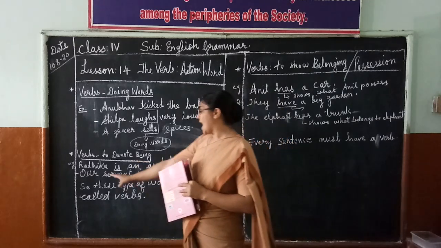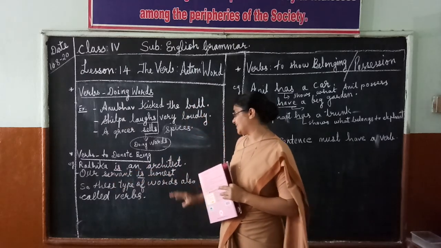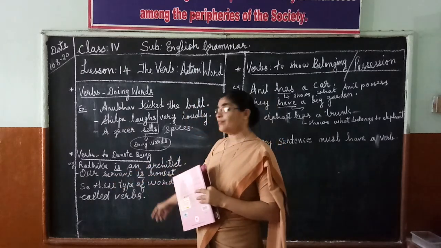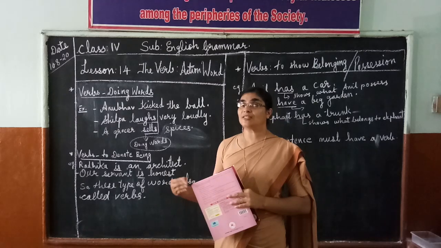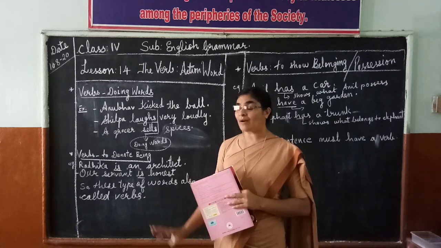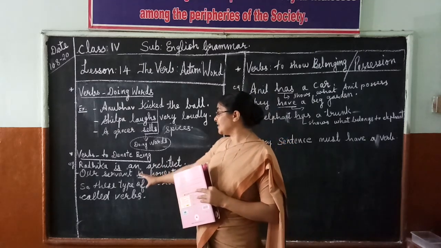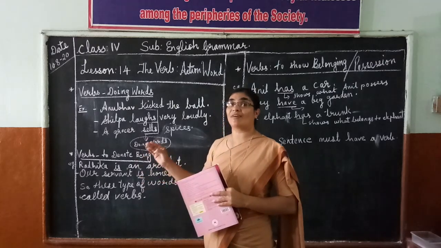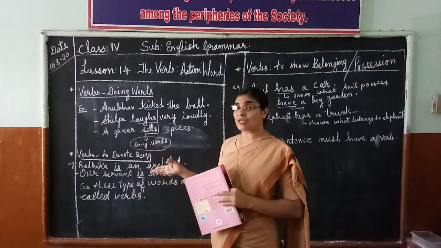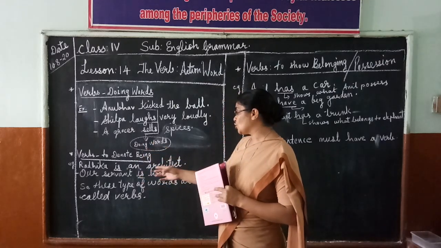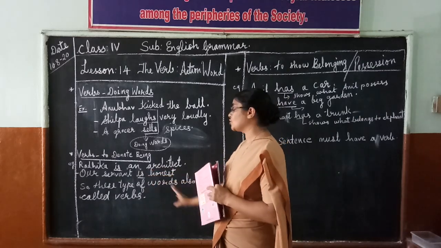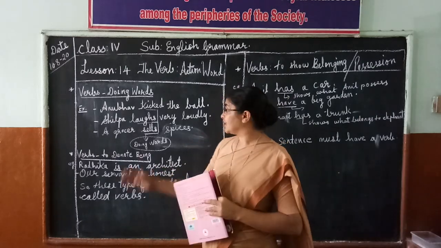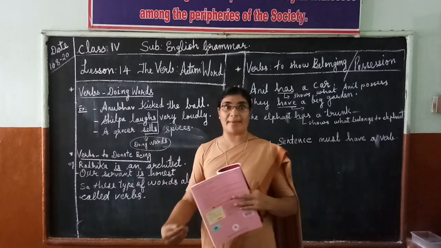Another one, our servant is honest. Here also we are not saying what the servant is doing, but only what type of man he is. He is an honest man. These types of words are also called verbs.